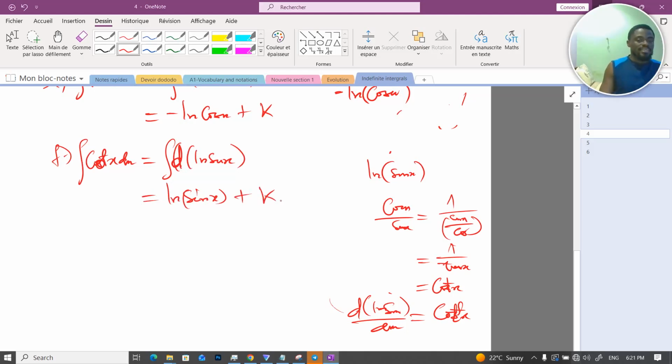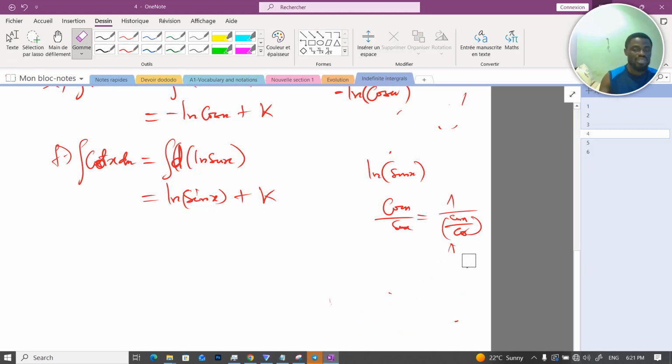So the integral of cot x will always be equals to the ln of sine of x plus the constant of integration k. Remember that these are very important formulas you should remember. We shall see on upcoming videos how to prove all of this.